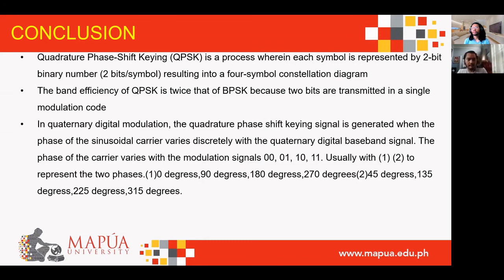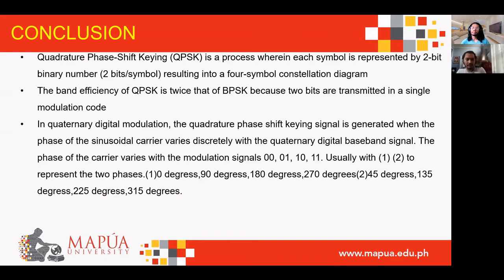Then, in a quaternary digital modulation, the quadrature phase shifting signal is generated when the phase of the sinusoidal carrier varies discretely with the quaternary digital baseband signal. Then, the phase of the carrier varies with the modulation signals 00, 01, 10, and 11.